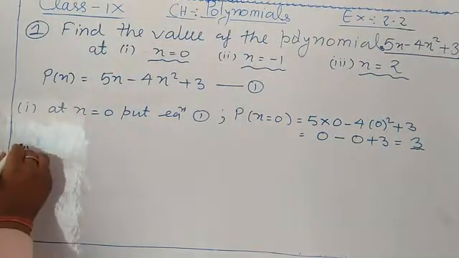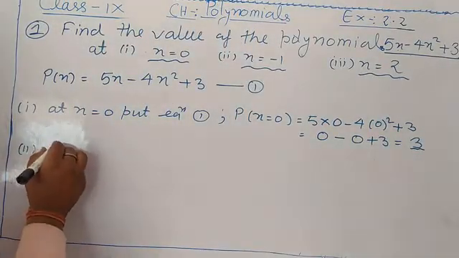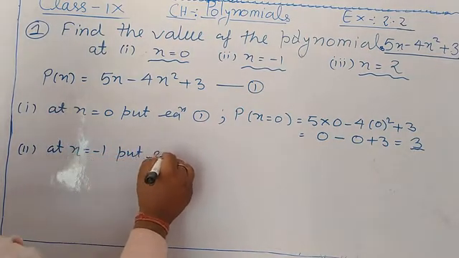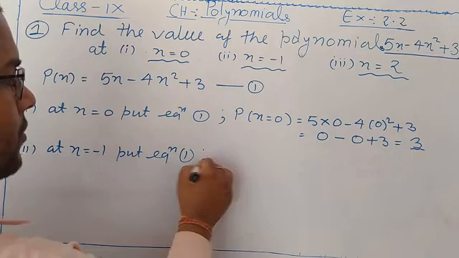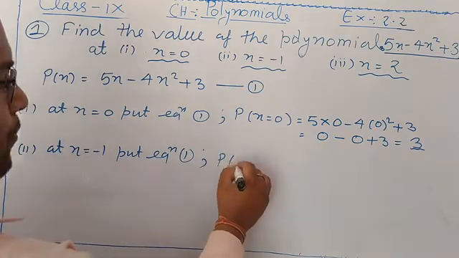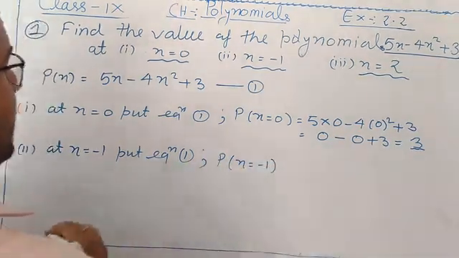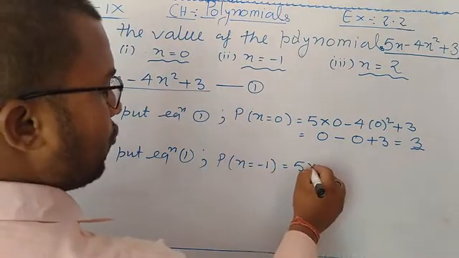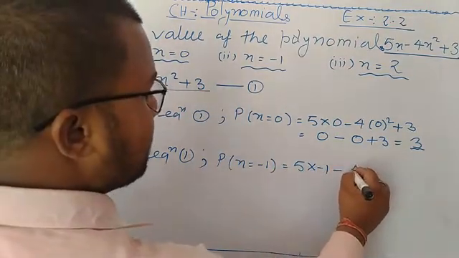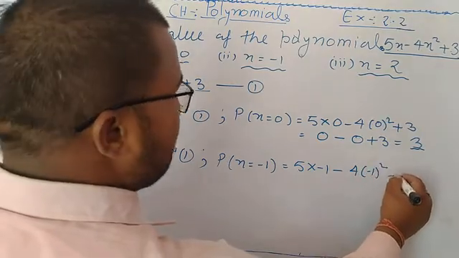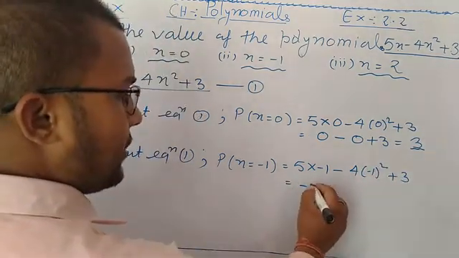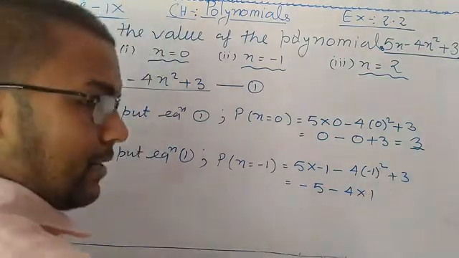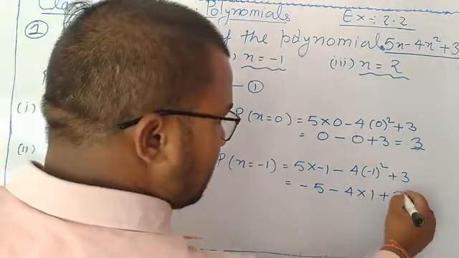Number 2, student. At the point x is equal to minus 1, put in equation first. So 5 into minus 1 minus 4 into minus 1 square plus 3. 5 into minus 1 is minus 5, minus 4 into minus 1 square, which is 1, so minus 4, plus 3.